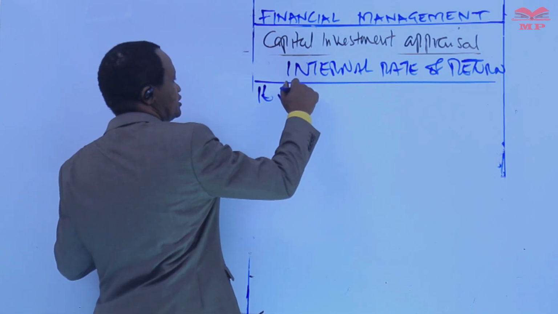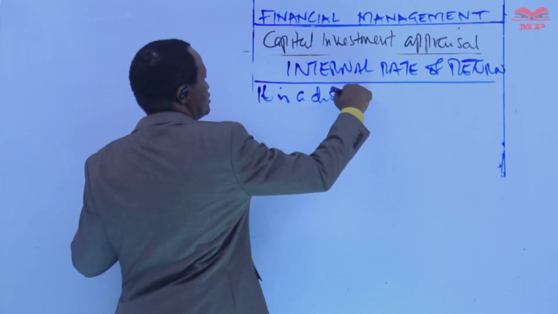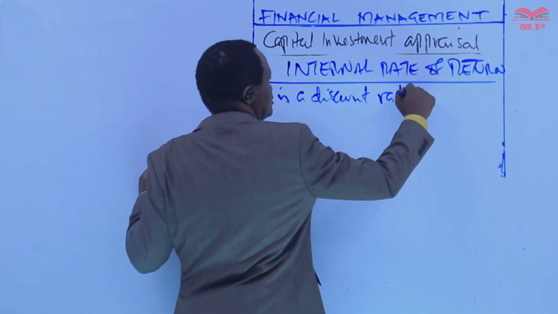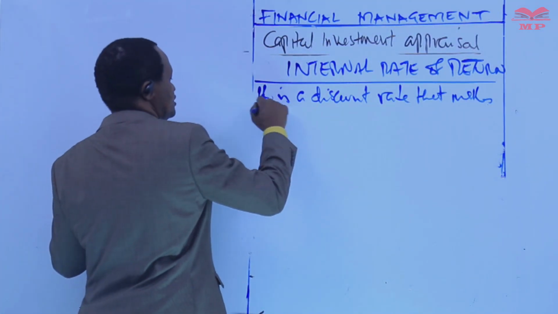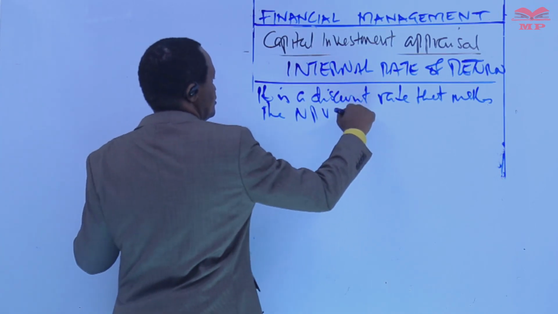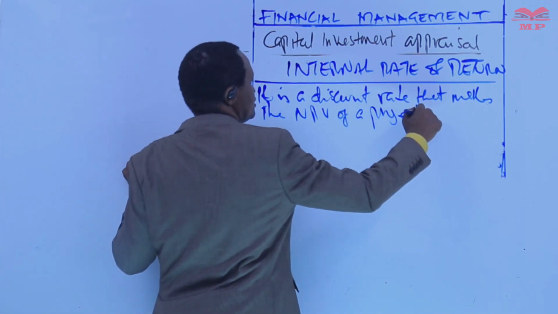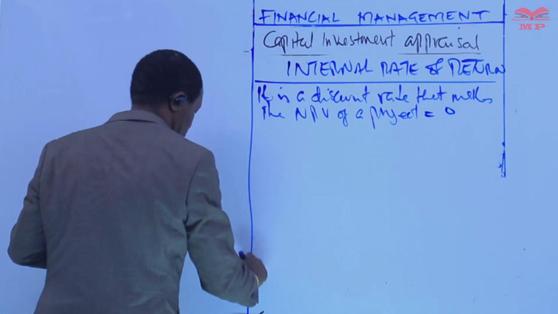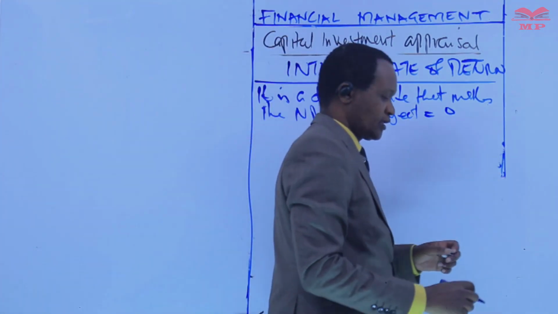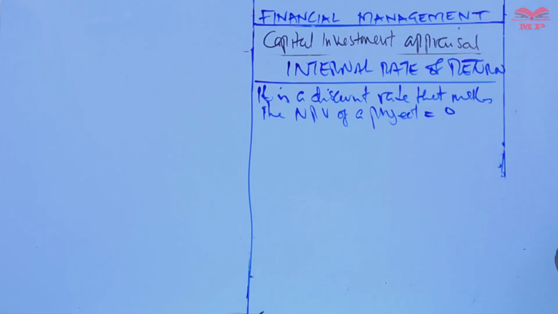It is a discount rate that makes the NPV of a project equal to 0. The internal rate of return is the discount rate that makes the NPV of a project equal to 0.